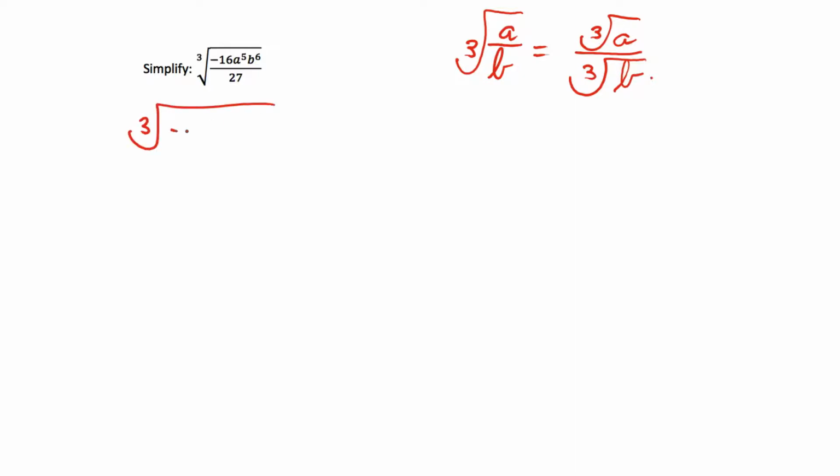In our next example, we have the cube root of a fraction, or a division under the cube root sign, however you want to look at that. And so by our property, the cube root of a fraction is the cube root of the numerator divided by the cube root of the denominator. So I'm going to break this statement up as so.